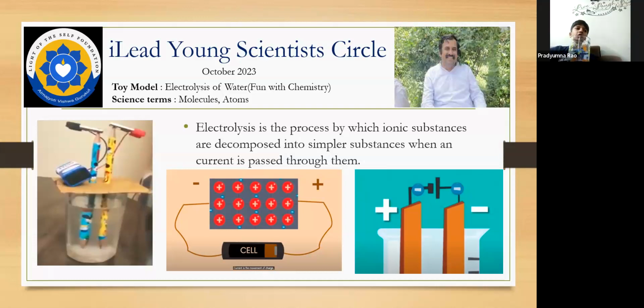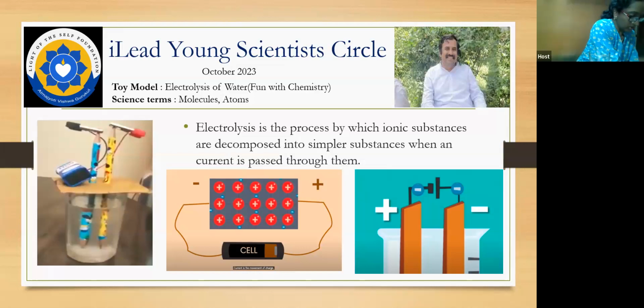With salt it will be a good conductor of electricity, and if you bring any electrical device like an LED near the wires, then it will glow. Its brightness will get more. Yes, correct. Very good.